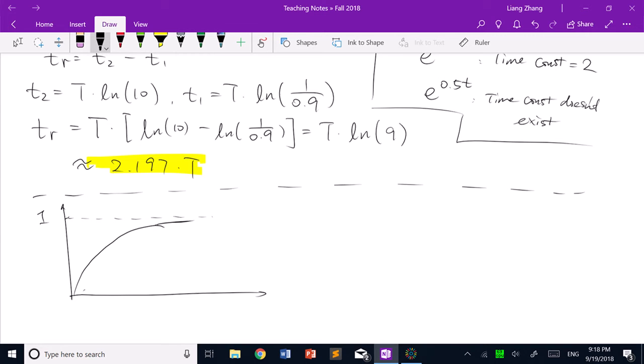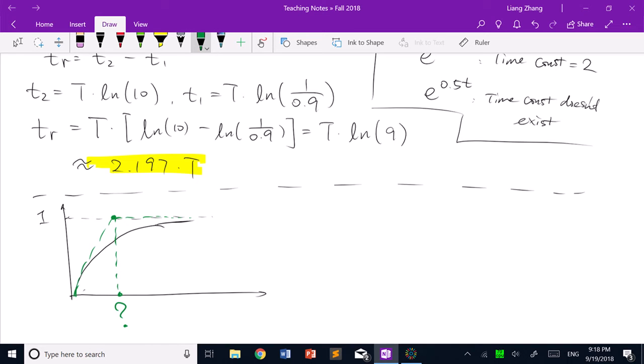Let's assume for a second that the transient of the response will always follow the first derivative, the initial slope of the curve, until it reaches the steady state level 1. And let's try to find out how much time it takes.